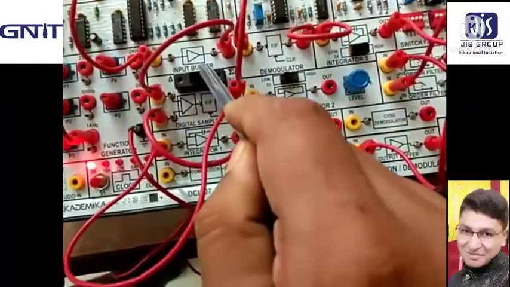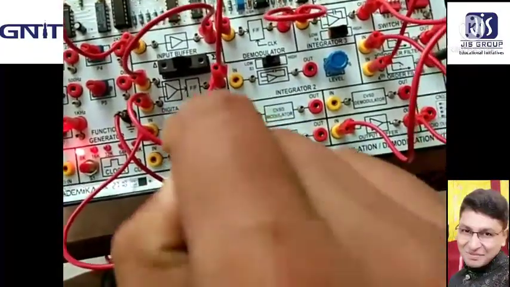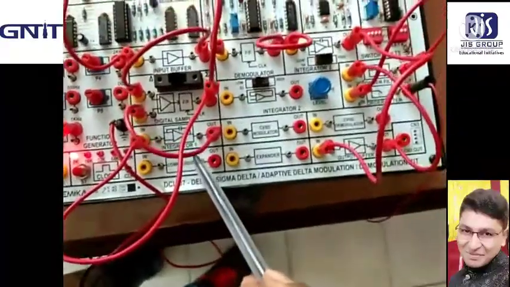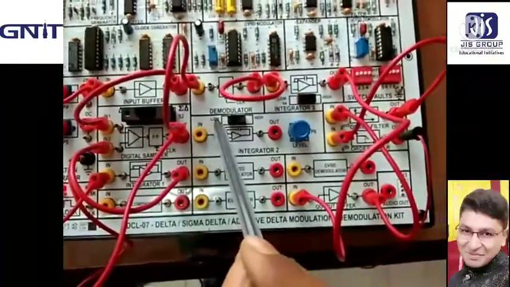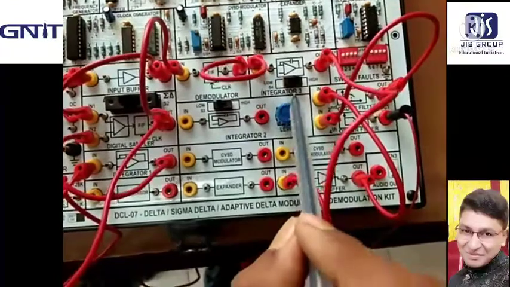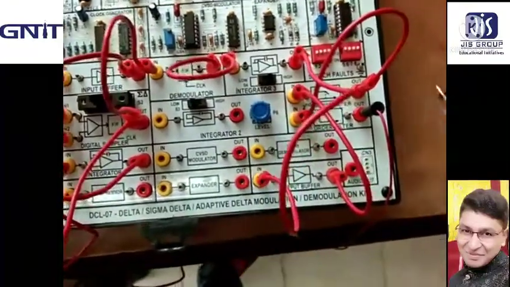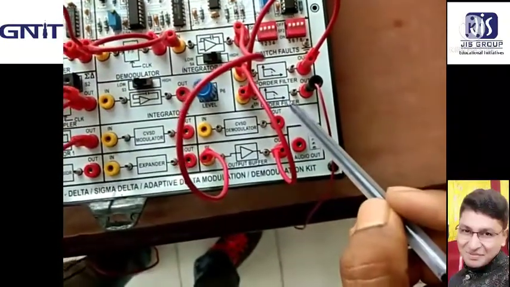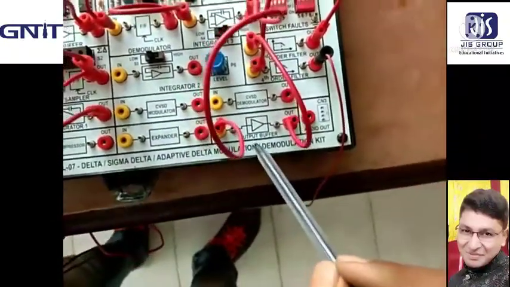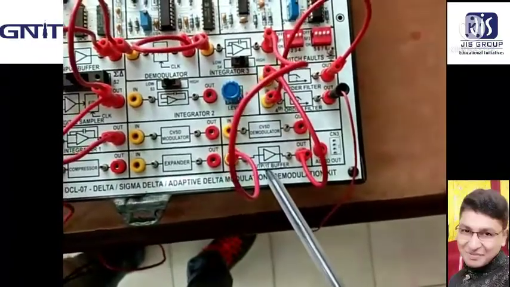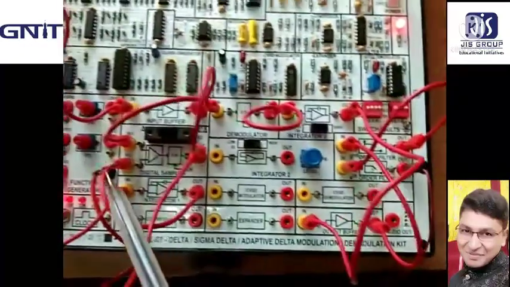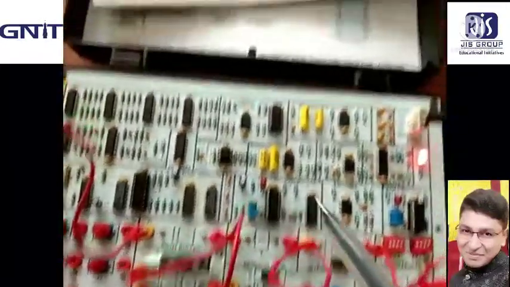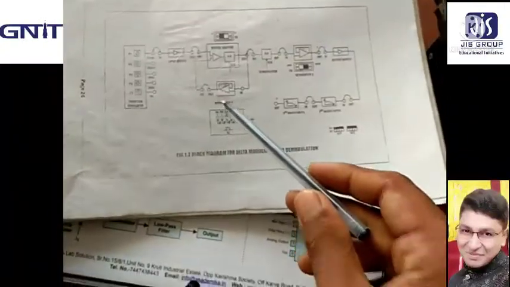This is our input buffer section. This is our digital sampler. This is our integrator 1. This is our demodulator, integrator 3, second order filter, fourth order filter, then output buffer. Connect them through the connecting links as in your circuit.